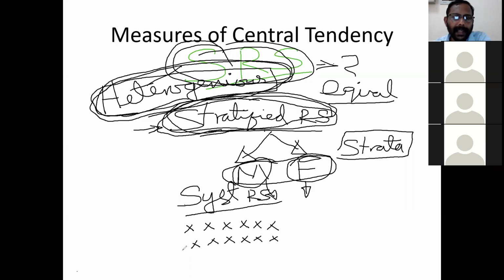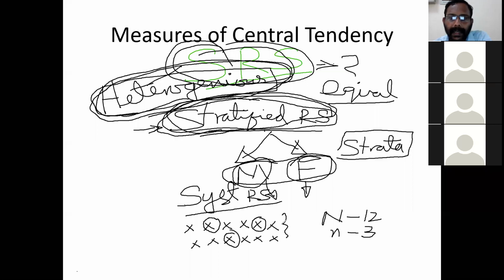Sorry, 12 objects. So n is 12. If I want to find only 3, then every 4th member becomes a sample. For example, if this is the first sample: first, second, third, fourth. First, second, third, fourth. So likewise, you can talk about systematic sampling.